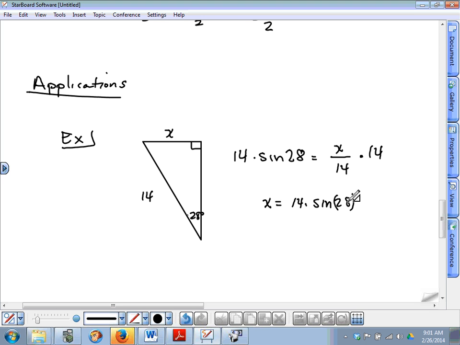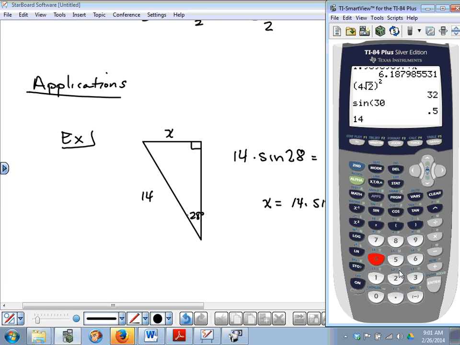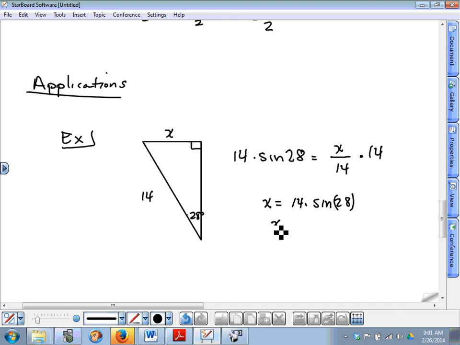The 28 is inside of the function sine. The 14 must multiply outside of that. So on your calculator, you type in 14 times the sine of 28. 6.6. We'll round to the nearest tenth here. X equals 6.6.